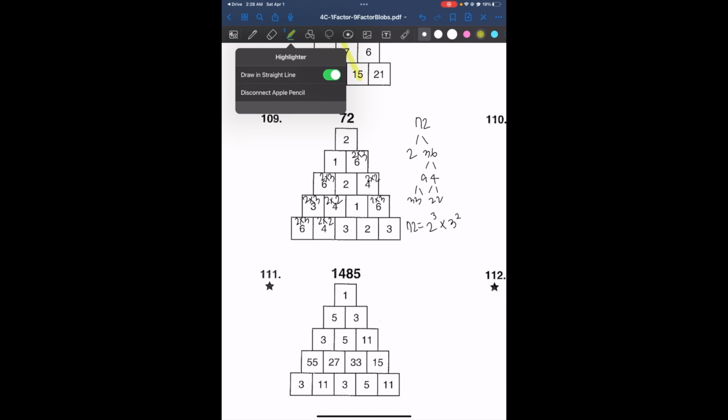And so for 109, the path that we should take is a little more complicated because more numbers are involved and the pyramid got bigger. But still, this is the pathway we should take because this path involves multiplying 2 three times and multiplying 3 two times.